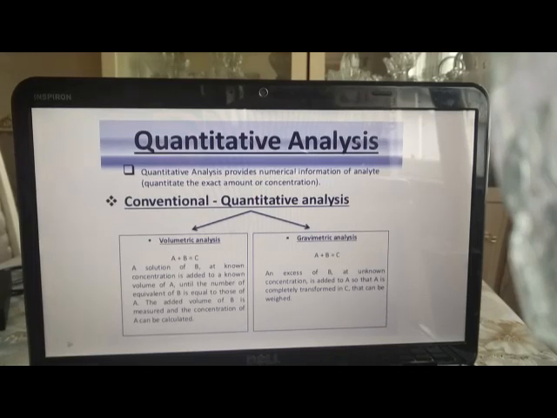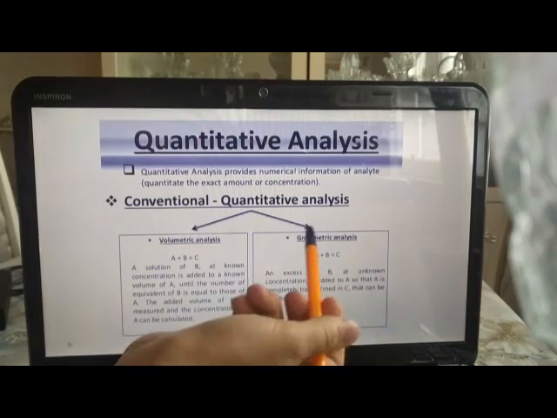In other words, volumetric analysis is based on the measurement of the volume of the reagent consumed for the interaction with the analyzed sample.